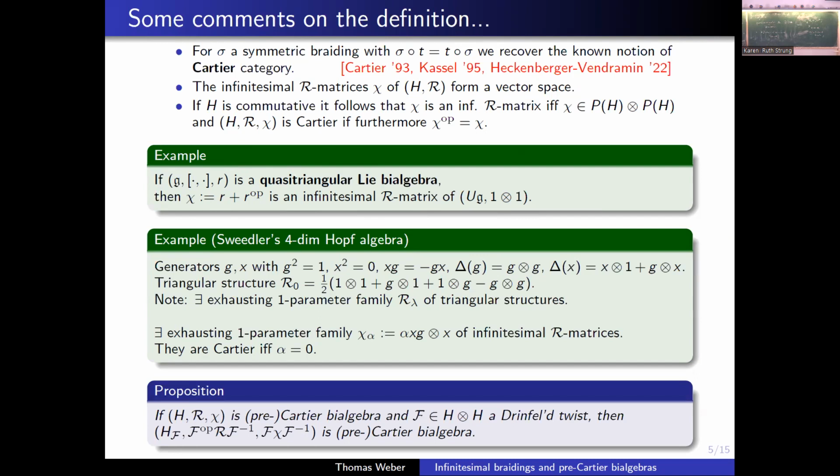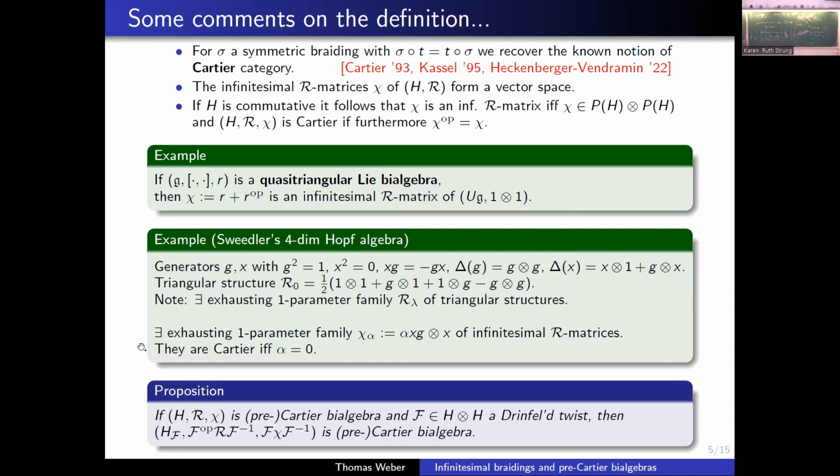Another one, maybe I'll be quick on this, is for Sweedler's Hopf algebra. We have not seen it in this conference, I think, but it's very simple. You just have two generators, G and X, that satisfy some properties. G is group-like, X is twisted primitive. And on this Hopf algebra, you can find an R. Actually, you can classify all of them. Here I just wrote one.